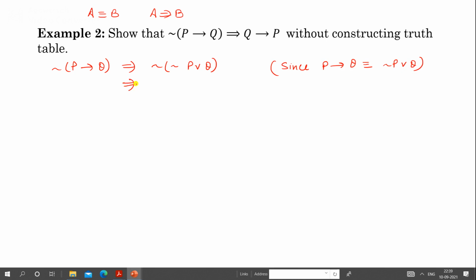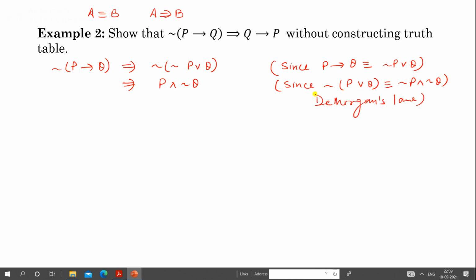Now you can write it as P and negation Q, since negation of P or Q is equivalent to negation P and negation Q. This is De Morgan's law.